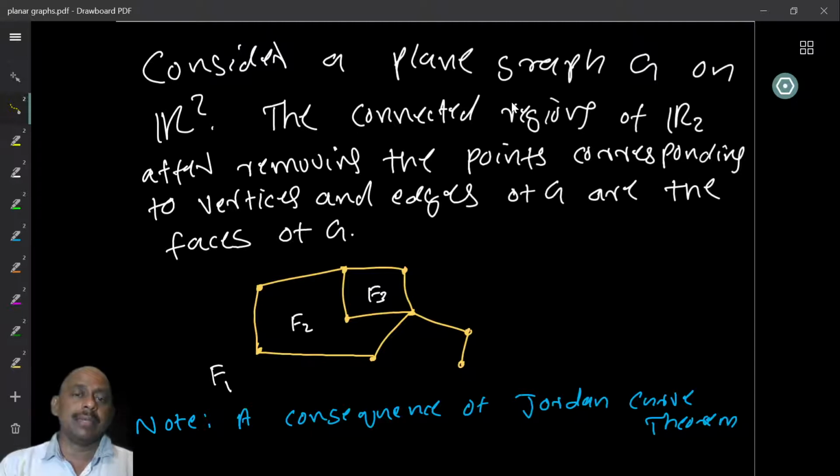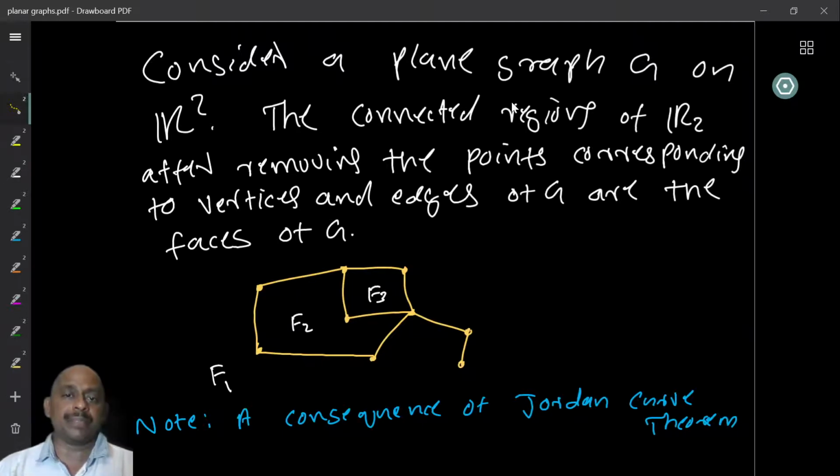Now, if there is a closed curve on the plane R2, then this closed curve basically separates the plane into two parts. One is the inside part of the curve, and one is the outside part of the curve.